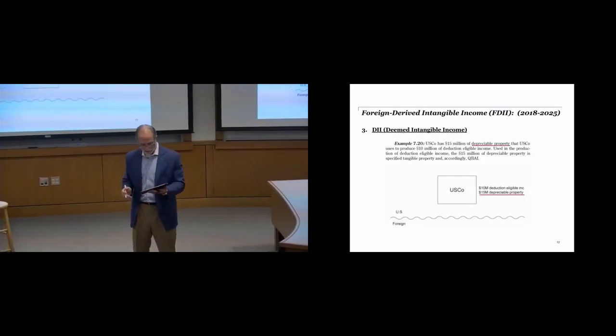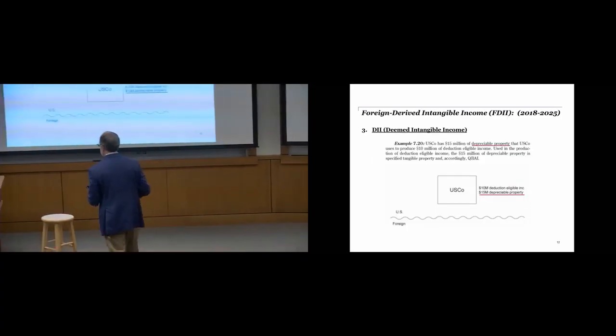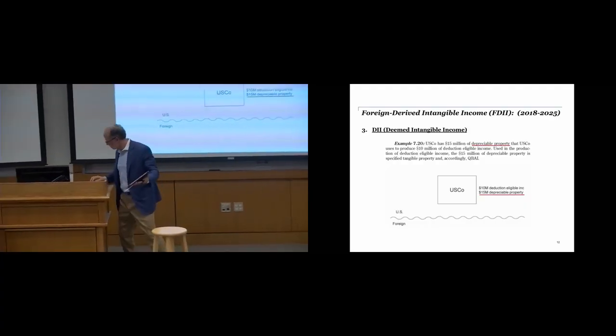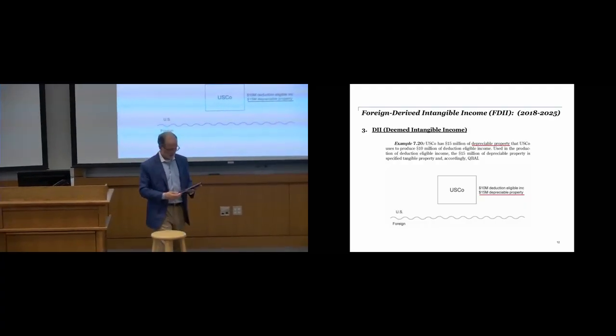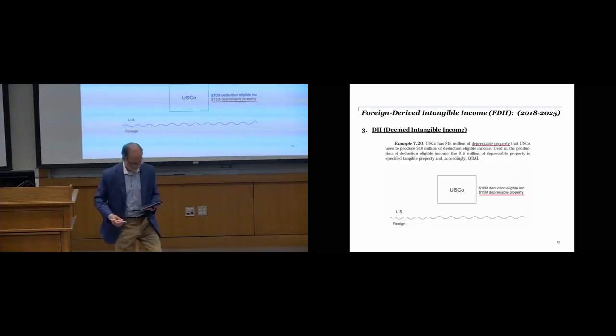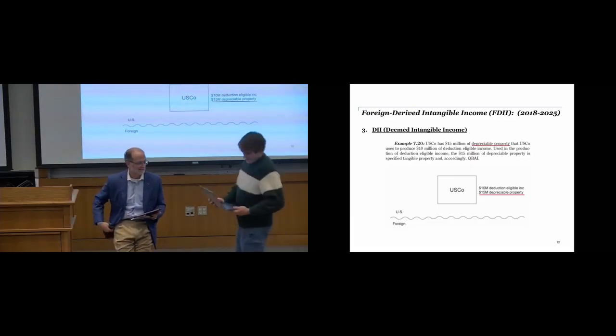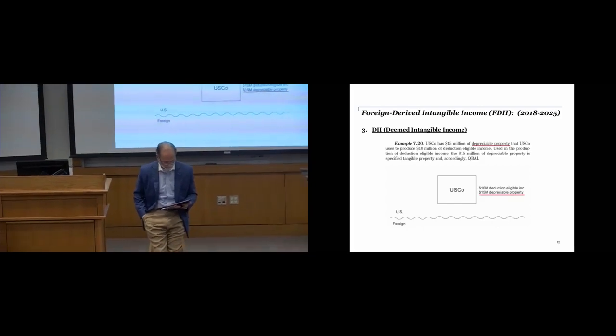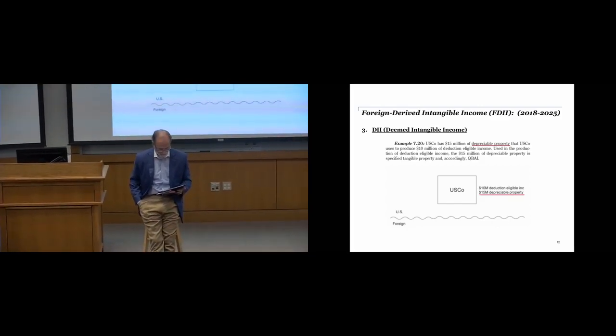Okay, example 720. So now US Co has $15 million of depreciable property, and they use this property to produce $10 million of deduction eligible income.